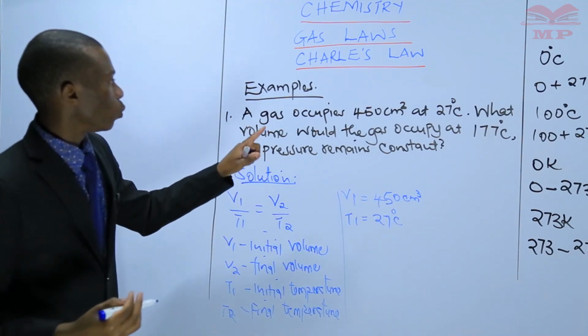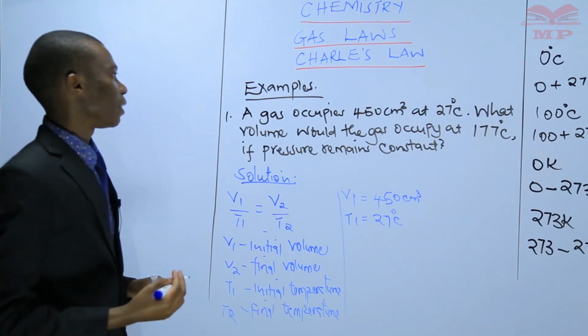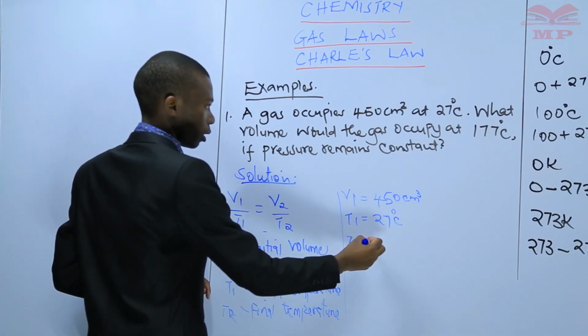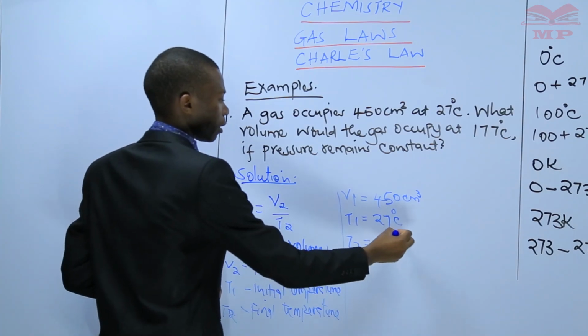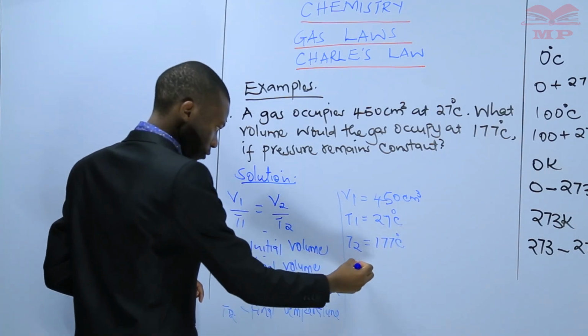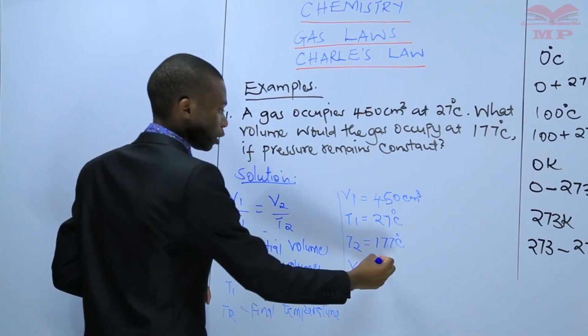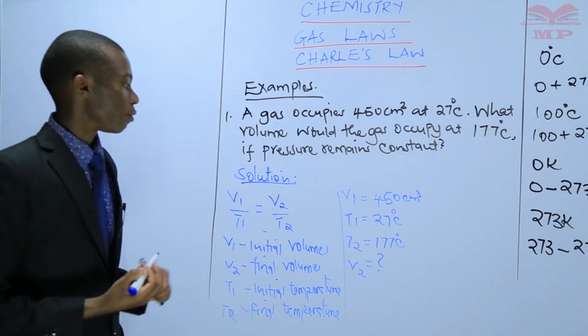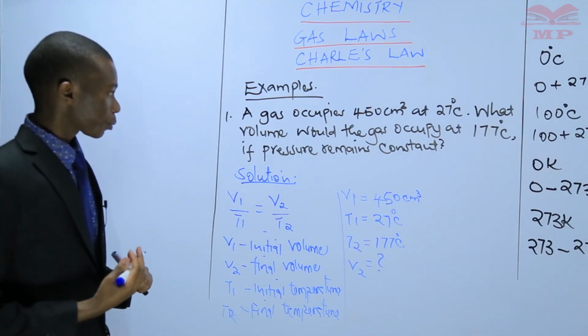Then what volume would the gas occupy at 177 degrees Celsius? Therefore, we have T2 as 177 degrees Celsius. V2 we don't have, and that is what we are looking for.